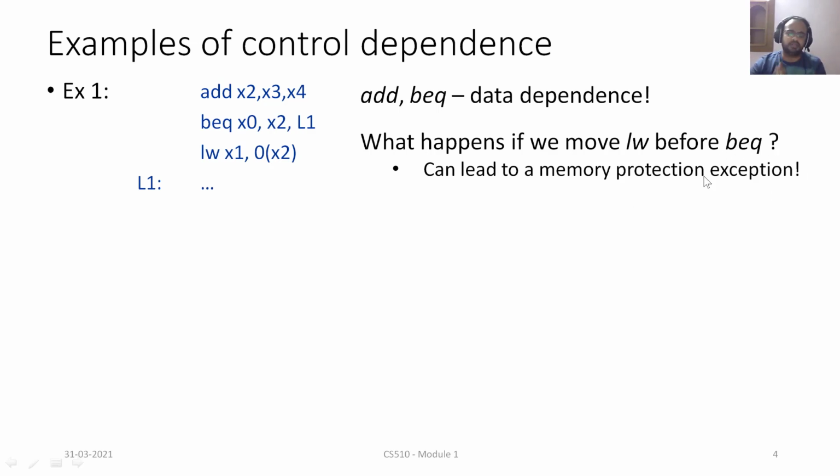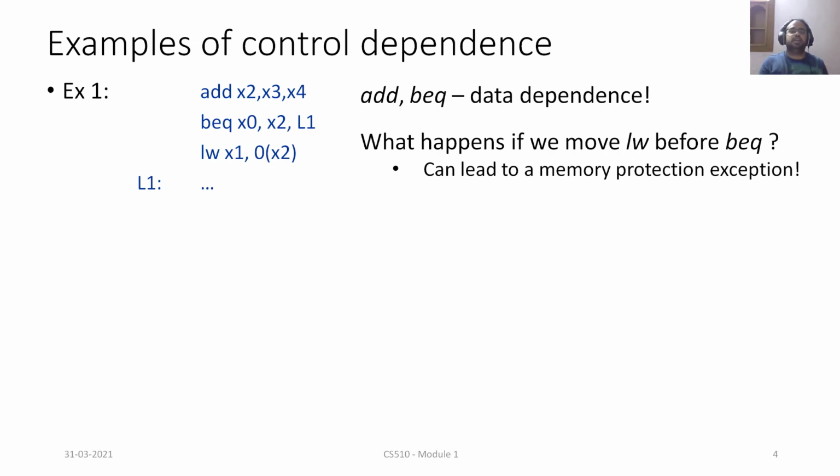I'm going to deal with exceptions in more detail after a couple of lectures, but for now just assume that an exception is a corner case which is stalling the pipeline indefinitely. For example, a divide by zero error. When you compile your program, nothing happens, but when you run the program and somewhere there is a calculation where the denominator is zero, the program execution would stall and give an error saying that you are trying to divide by zero.